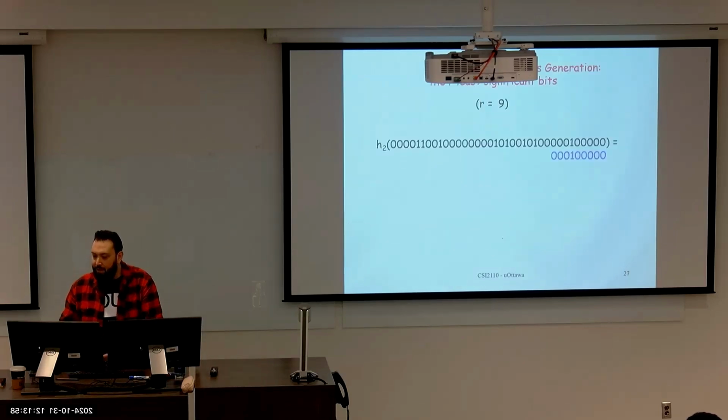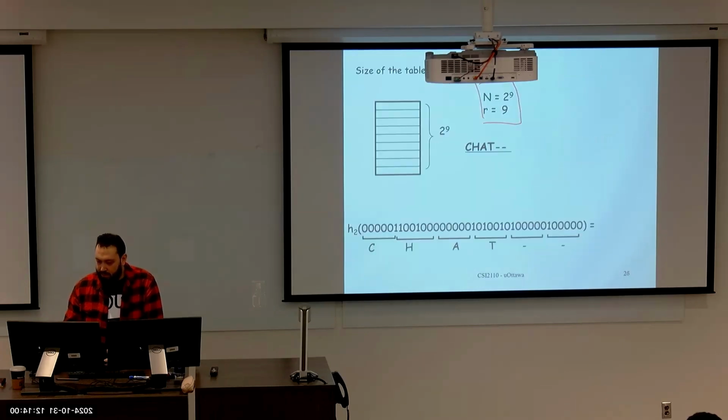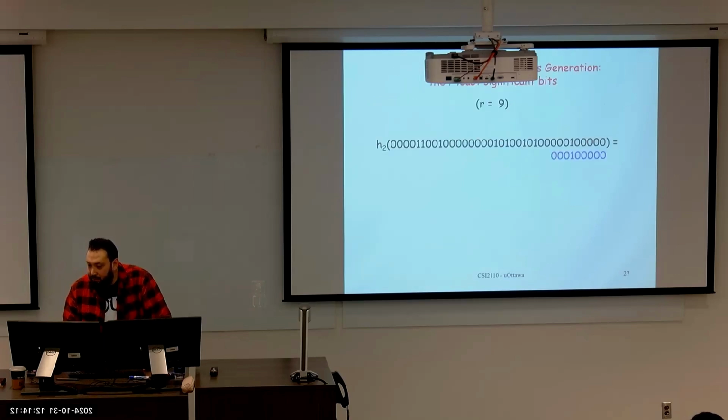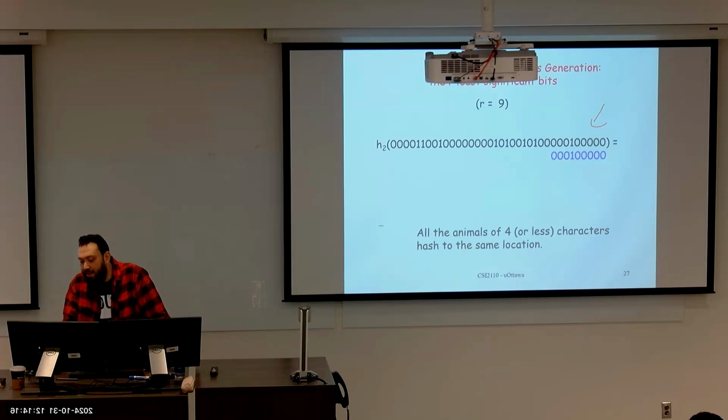If I take the rightmost, usually from the rightmost, I'll have the empty spots. If a name is less than 6 characters, I'll always end up with this 1, 0, 0, 0, 0, right? So that means if I'm taking the 9 bits, all the animals of 4 or fewer characters hash to the same location. So what did Riley do here?